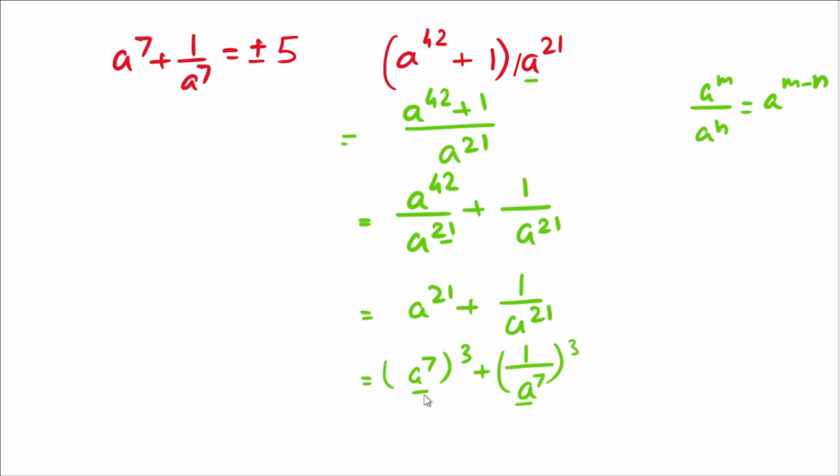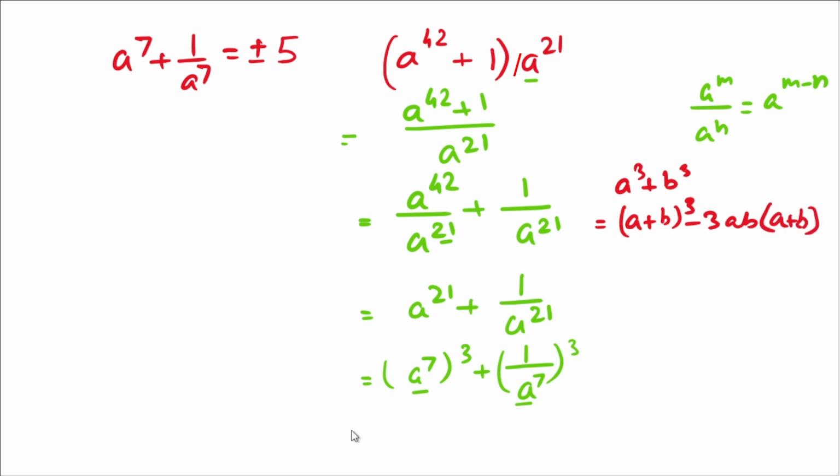So here it is in the form of a cube plus b cube, and we have the value of a plus b. So we'll write this formula in terms of a plus b: a cube plus b cube is a plus b whole cube minus 3 times ab multiplied by a plus b.